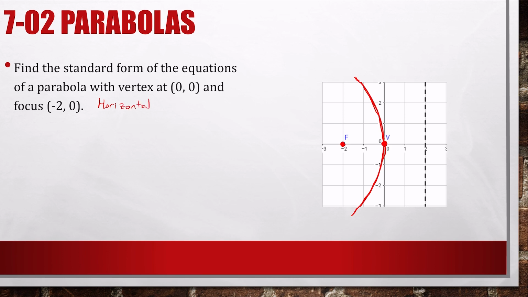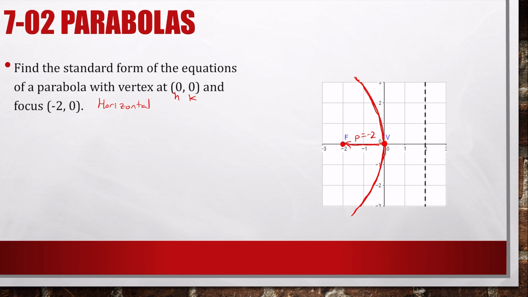I know the p is from the vertex to the focus, and it's going to the left, so it's -2. My vertex is (h, k). So I have my h, my k, and my p.